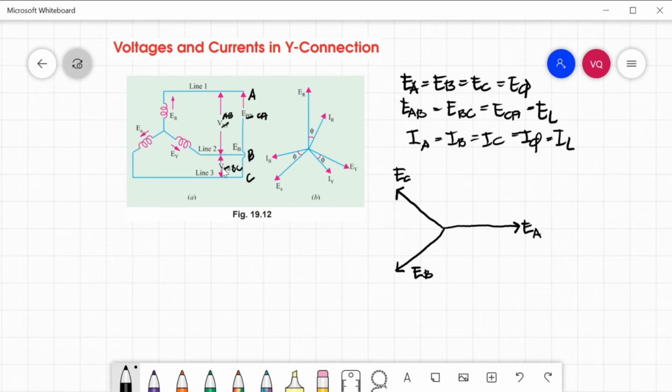Line 2 to line 3 is EBC, and line 3 to line 1 is ECA. So EAB is equal to EBC equal to ECA, that is your line voltage. Your line currents IA is equal to IB is equal to IC, is equal to your phase current and also equal to your line current.